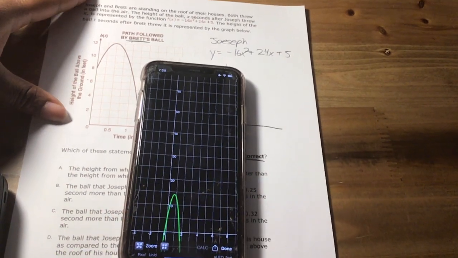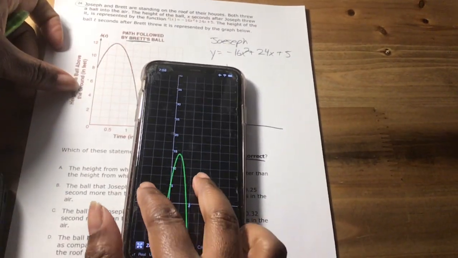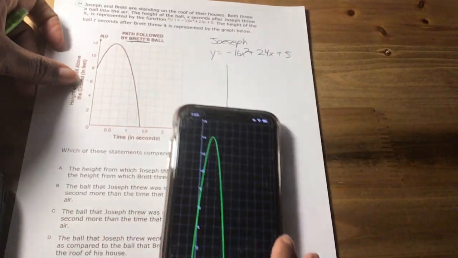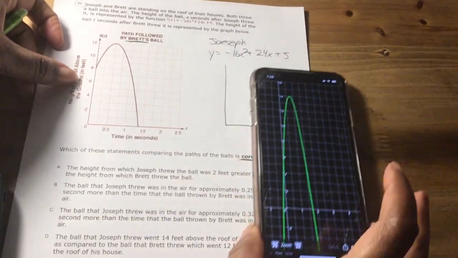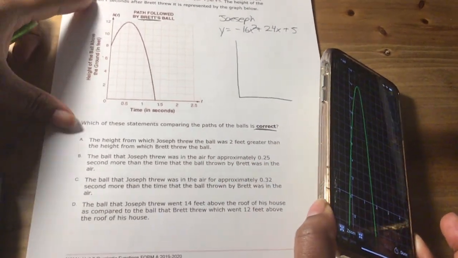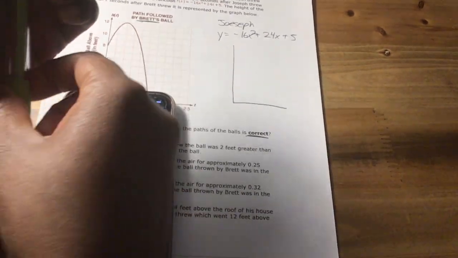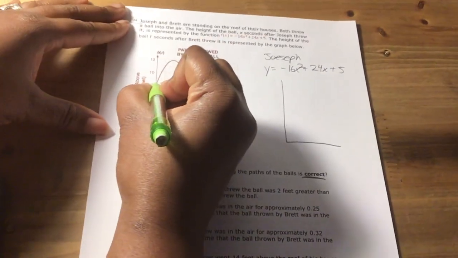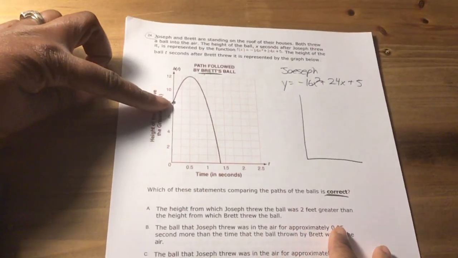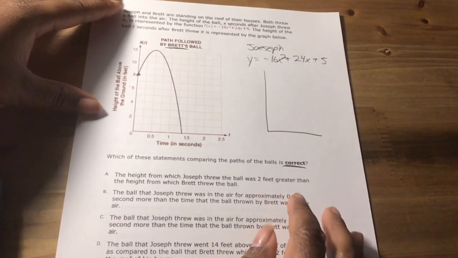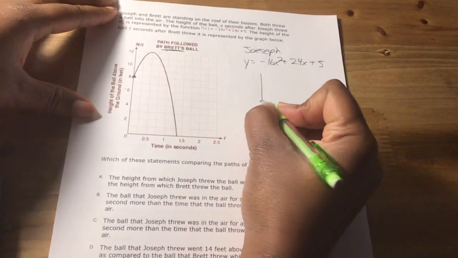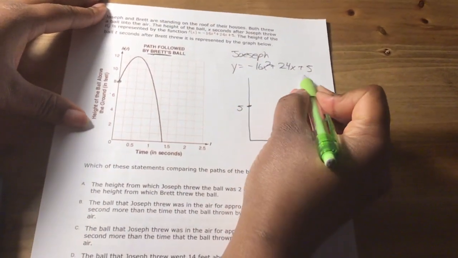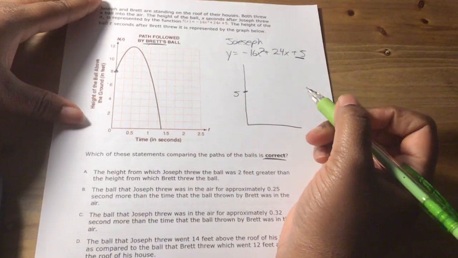And let's graph that. All right, so when we graph that, this is what we get, okay? All right, so we want to compare. The initial value here is 8, okay? So he's throwing the ball at 8. The initial value for Joseph is 5, okay? I know because I'm looking at this.